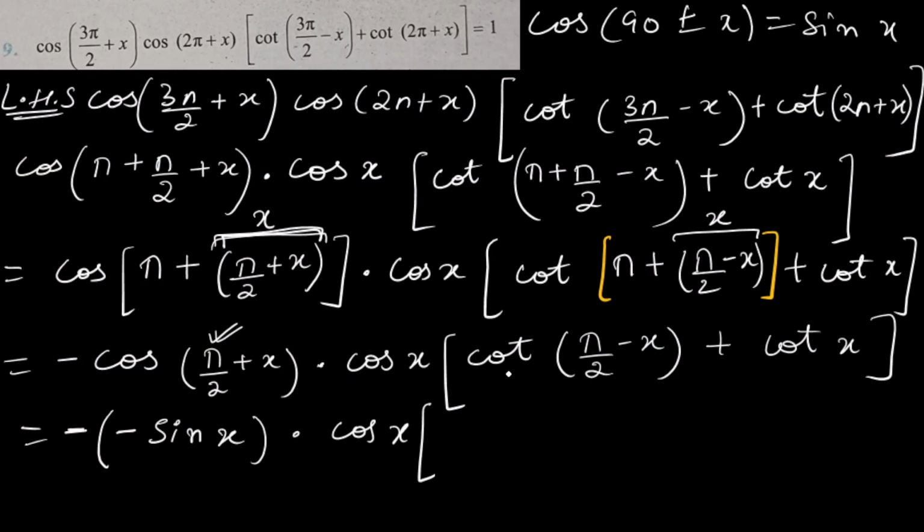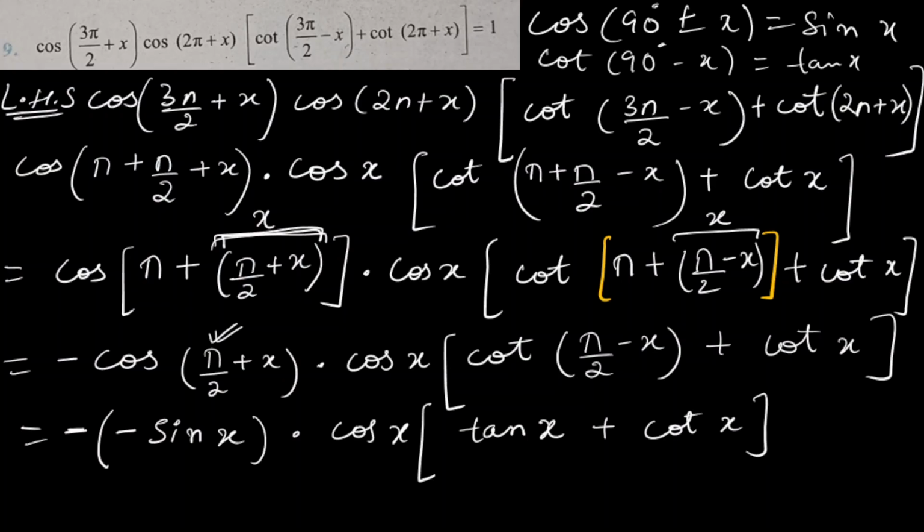Now inside the bracket cot pi by 2 minus x. First of all, this cot will change to tan x. 90 degree minus theta. Cot 90 minus x is equals to tan x. 90 minus x means first quadrant only. In the first quadrant, all trigonometric functions are positive. 90 minus x is first quadrant plus cot x as it is we will write.